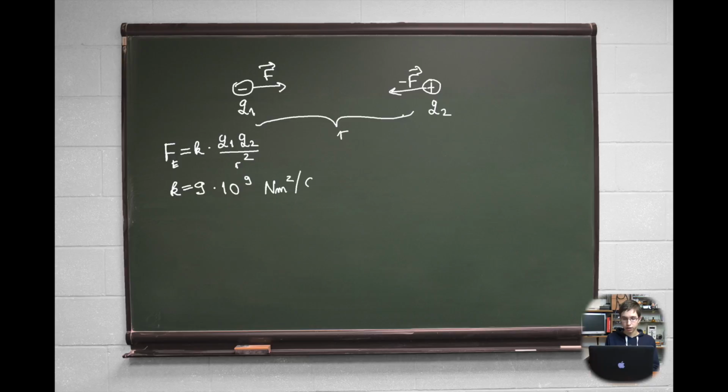K is actually calculated as 1 over 4 pi epsilon r epsilon 0, where epsilon 0 is a constant called vacuum permittivity, or permittivity of free space, or electric constant, and where epsilon r is a constant called relative permittivity or dielectric constant.